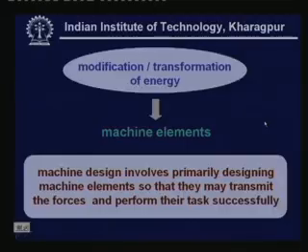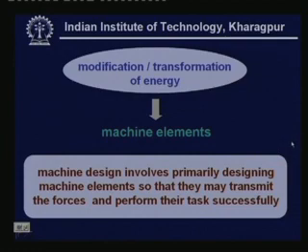Okay, so we have seen, once again just quickly look at the board. I mean this one: machine design involves primarily designing machine elements so that they may transmit the forces and perform their task successfully.